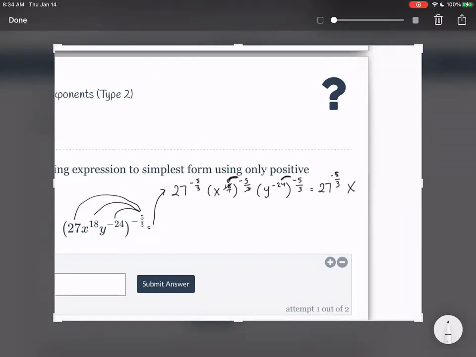Cancel, cancel. That gives us a 6 and a 1. So then x to the power of 6 over 1 times negative 5 over 1. So 6 times negative 5 gives us negative 30 over 1 times 1 is 1. So x is to the power of negative 30 over 1. But of course, we don't have to write that it's over 1. I'm just going to write it as x to the power of negative 30.